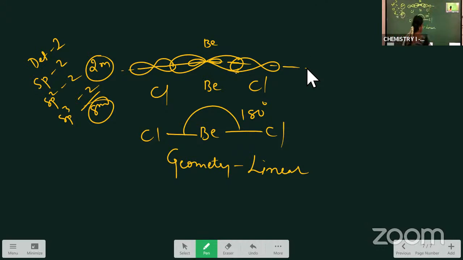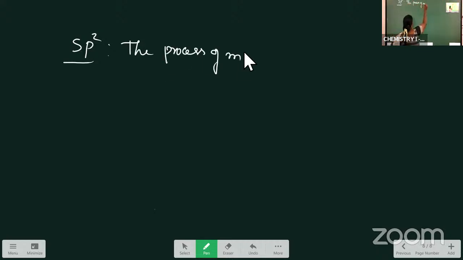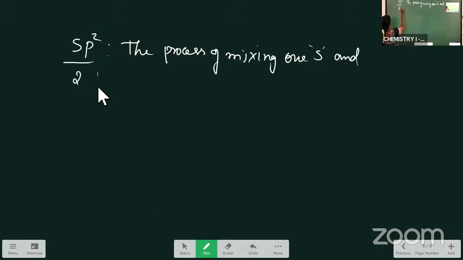Okay, then next we'll go to second type of hybridization, that is sp2 hybridization. What is sp2? The same format, the process of mixing. कितने s orbitals है? 1 s orbital. Mixing 1 s and कितने p orbitals है? 2 p orbitals. 2 p orbitals to give total कितना? 1 plus 2 3.